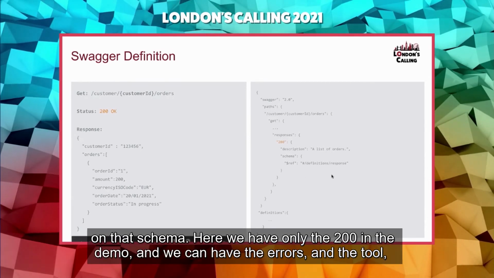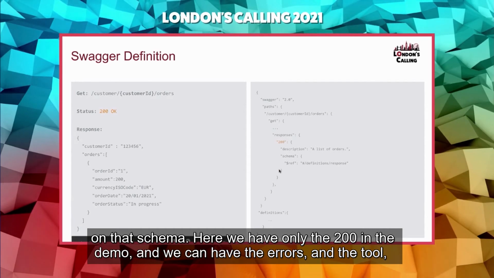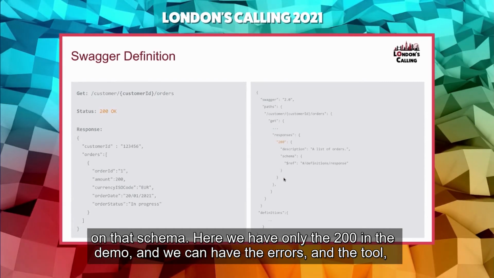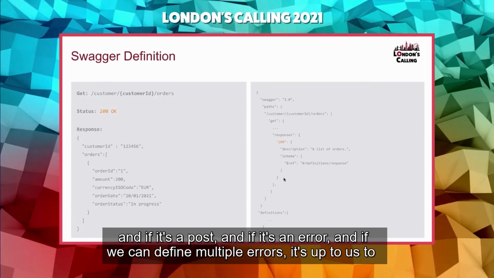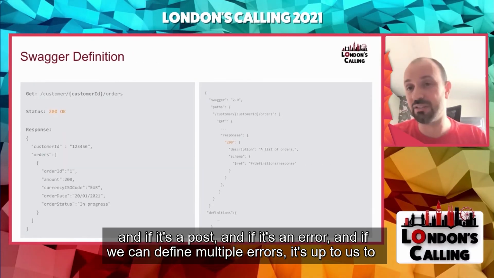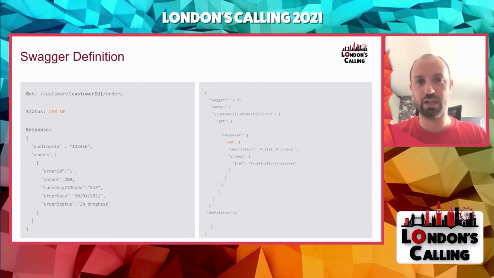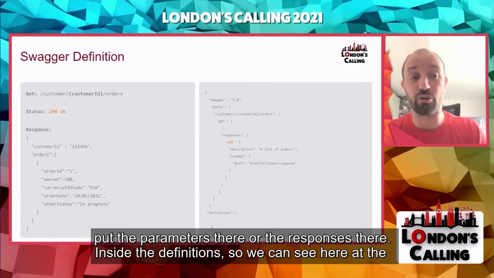Everything is defined in that schema. Here we have only the 200 in our demo, but we can also have errors, like 201 if it's a post, or 500 if it's an error. If we define multiple errors, it's up to us to put the parameters or the responses there.